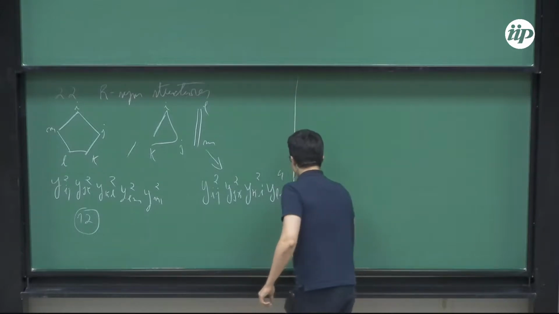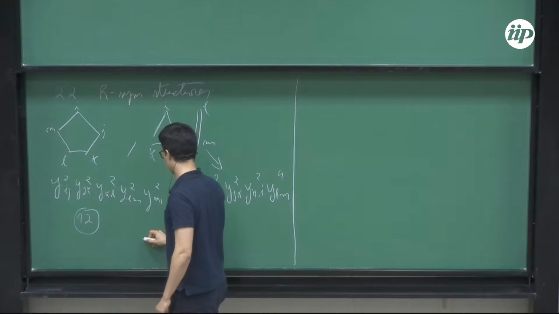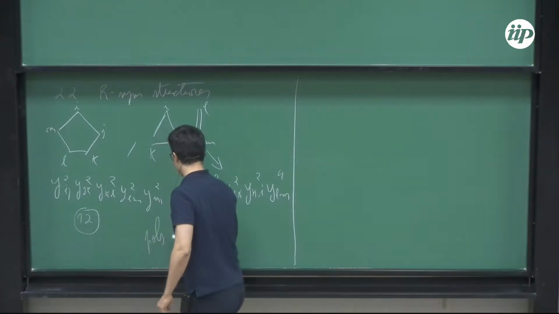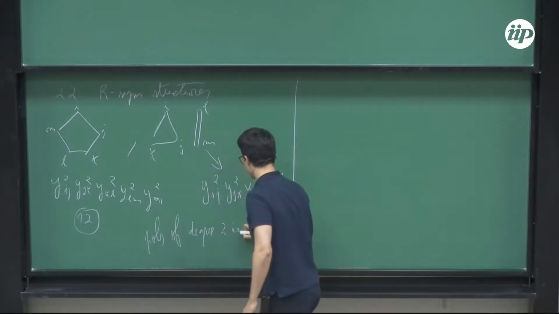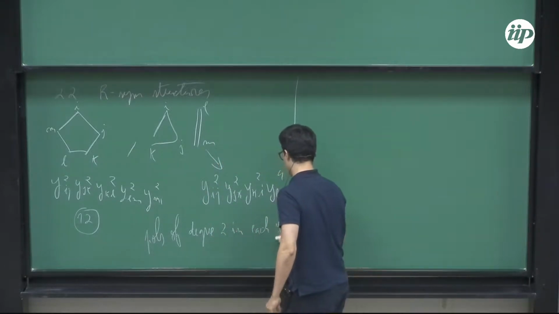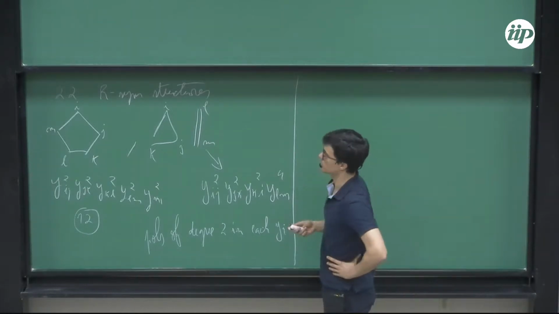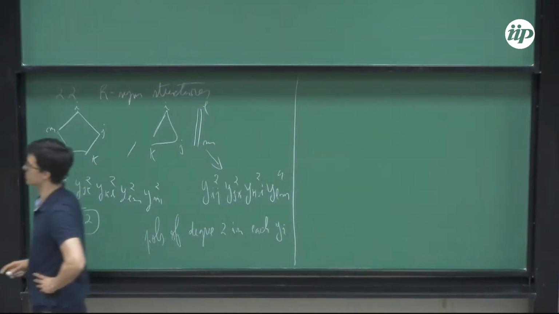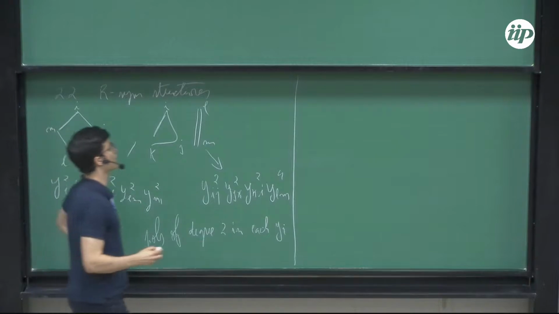Okay, so just notice, this is polynomials of degree 2 in each y. So this O20 is a protected operator with R charge 2 and dimension 2, and so the conformal weights are 2.